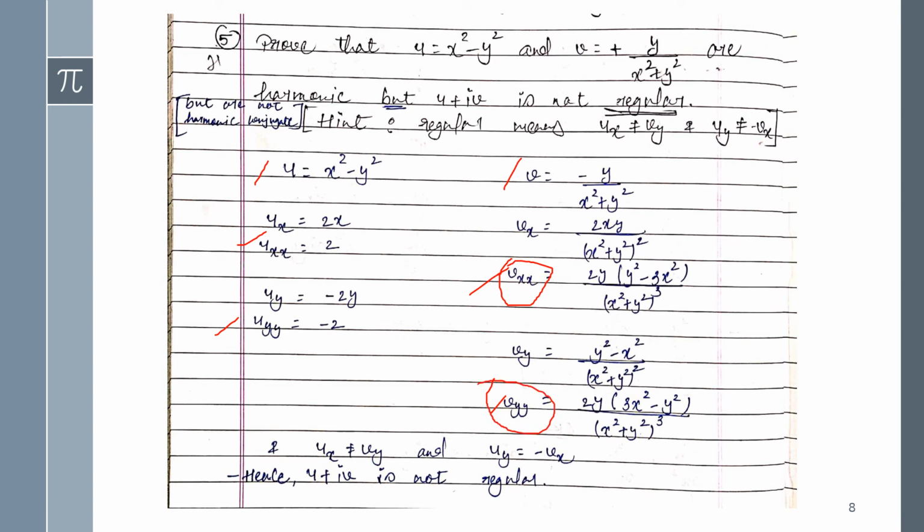Now to show that the given function is not regular, you have to disprove the CR conditions, and for these CR conditions you need 4 components, which you have already found. Since ux does not equal vy and uy does not equal minus vx, you can disprove the condition. It means you can show that the given function, that is u plus iv, is not a regular function.